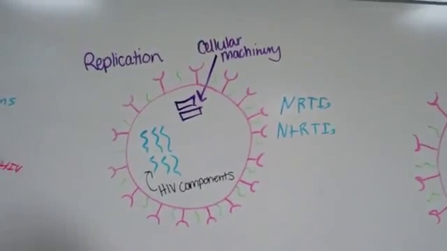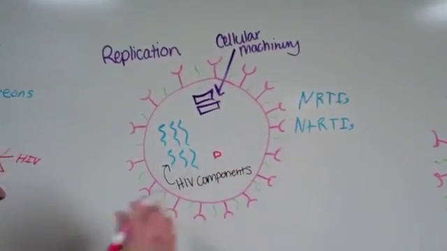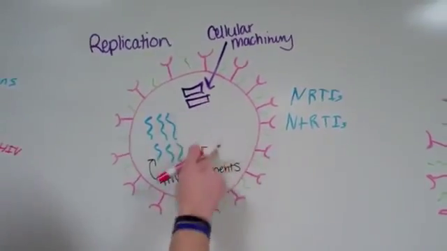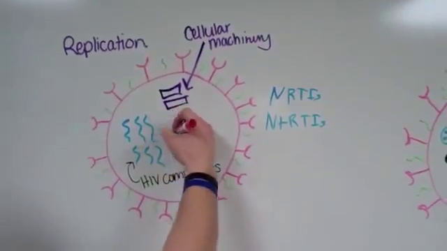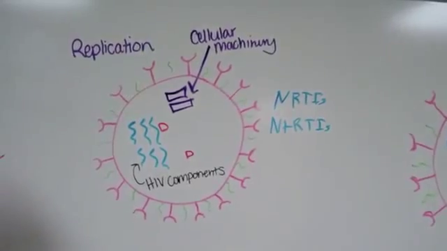What happens is we're going to demonstrate the drug with a D. After taking the drug, as the cell machinery is coming in to grab on the HIV DNA and reproduce it, the drug is going to be there to be used as one of the parts of synthesis.